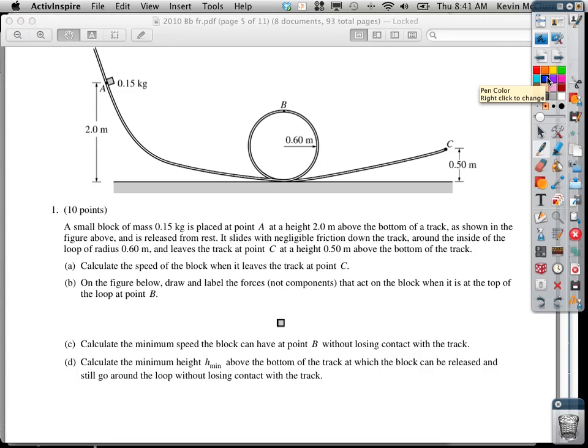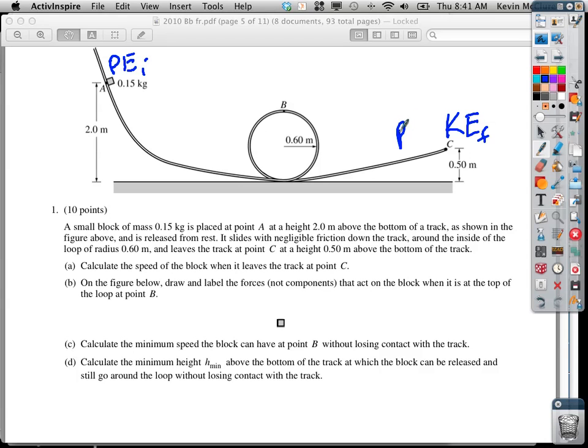Calculate the speed of the block when it leaves the track at point C. So that, you're just going to do PE initial equals KE final. Let me see, does it have an initial velocity? Released from rest, okay. Negligible friction, so it goes around the loop, comes back, goes off there. Oh, and it depends on how you do this, right?